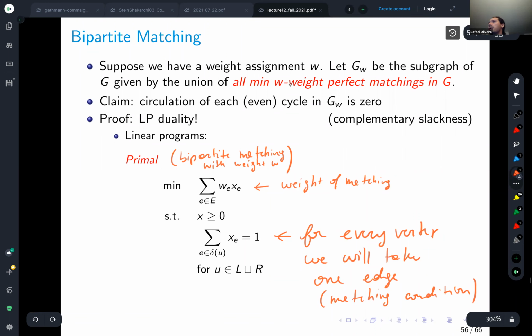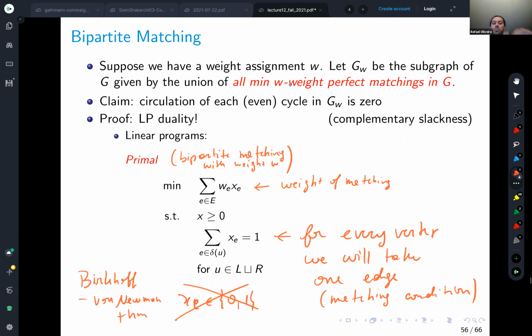Now, you may be wondering, well, Rafael, shouldn't I have put here that x_e is in {0, 1} for every edge, because the x's can be fractional? But we don't need this condition because of the Birkhoff-von Neumann theorem, which tells us that all the vertices of this polytope are integral.